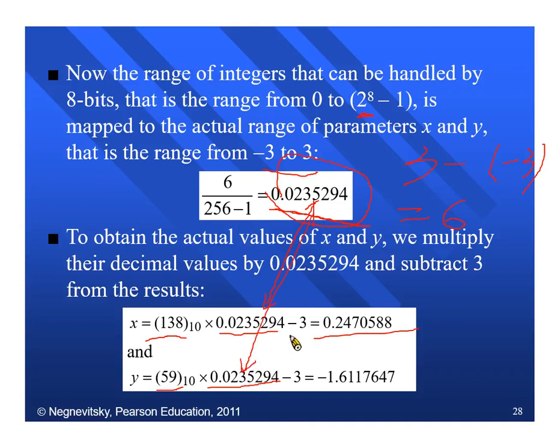But here, why do we need to subtract 3? We subtract 3 because this is the range of 6. In fact, the range is like this, from -3 to +3.